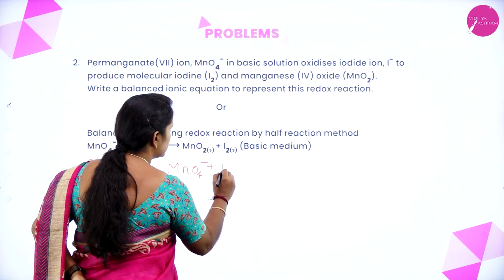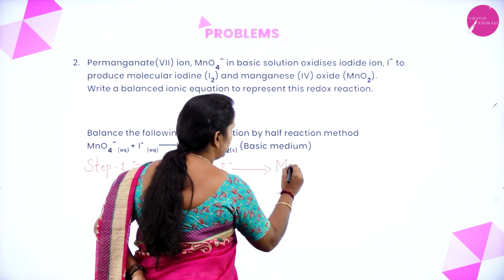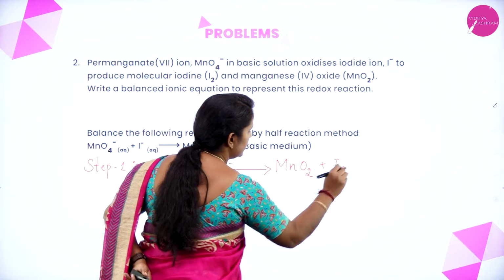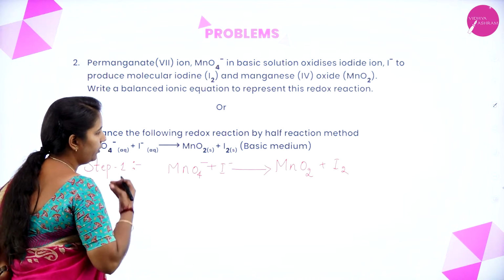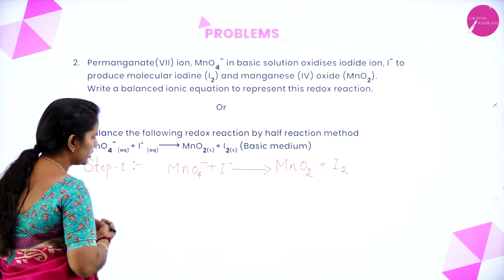MnO4- plus I- gives rise to MnO2 plus I2. Is it right? Now we need to understand which one is undergoing oxidation and which one is undergoing reduction. We don't know.